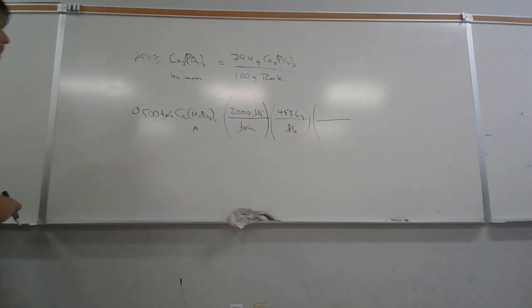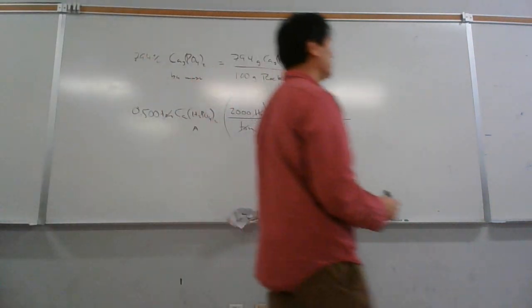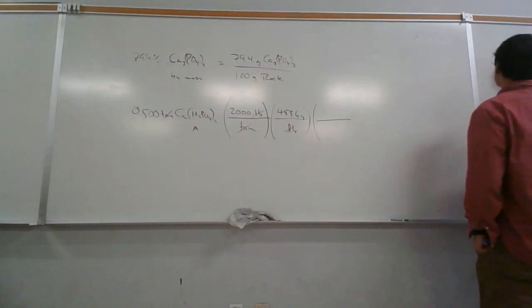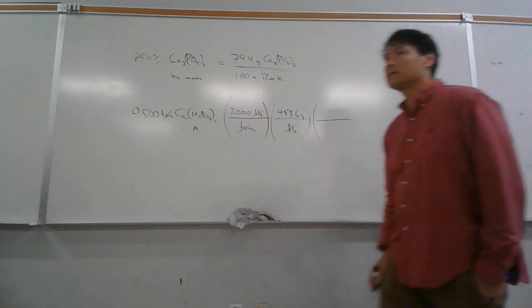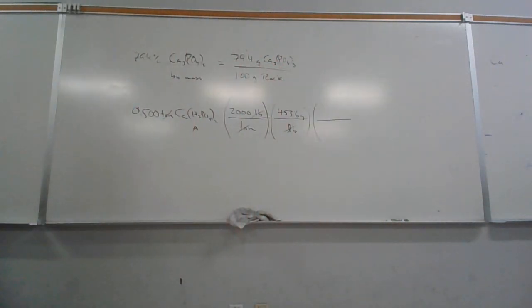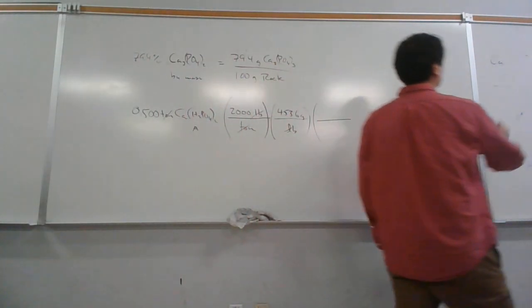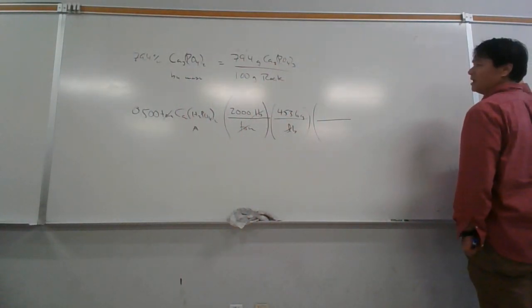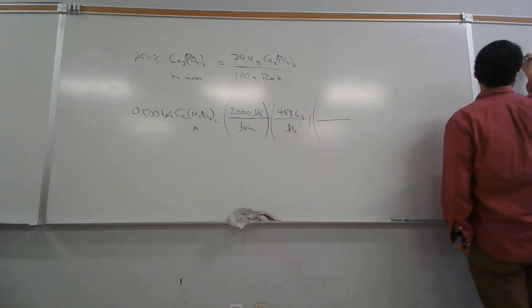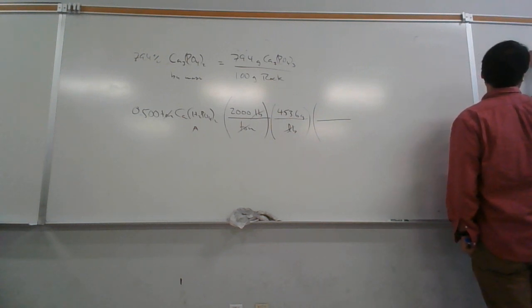Ca(H2PO4)2, which is going to be a little bit of work here. Calcium mass is 40.08. And how many calciums do we have? One. So that's 40.08.